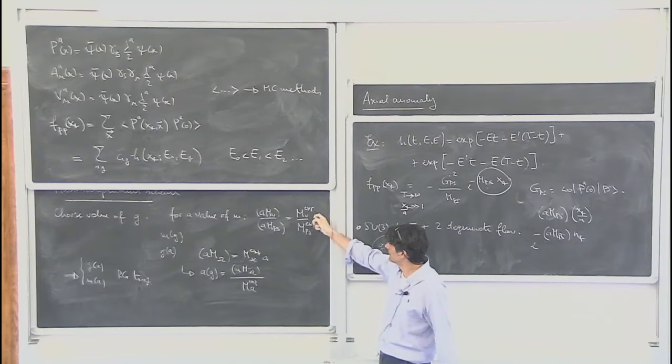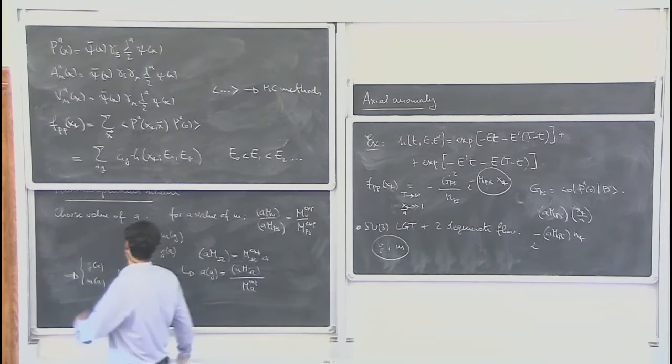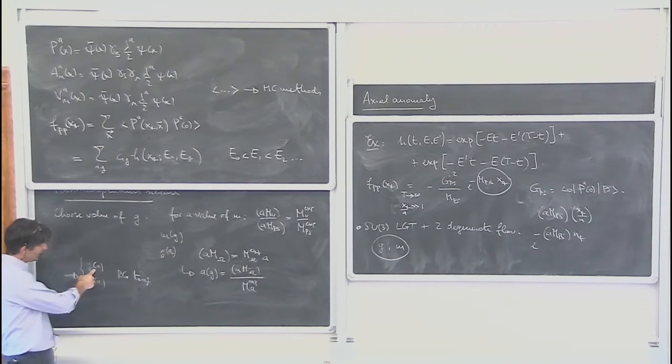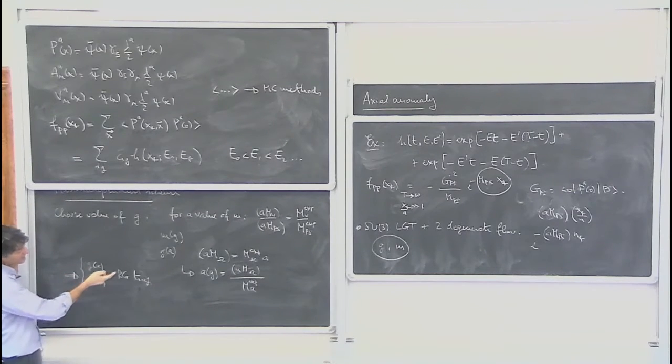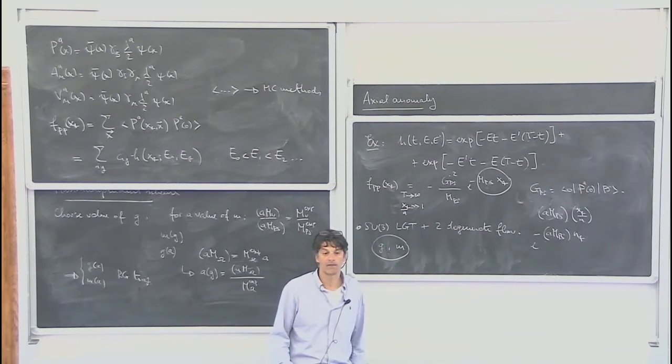Once I specify these, I can build my RG transformation, and so I can do a series of simulations at different values of a, and I can get towards the asymptotic regime where a is sufficiently small compared to the scales that I'm interested in, and I get continuum physics up to power corrections. Does that make sense? Yeah?